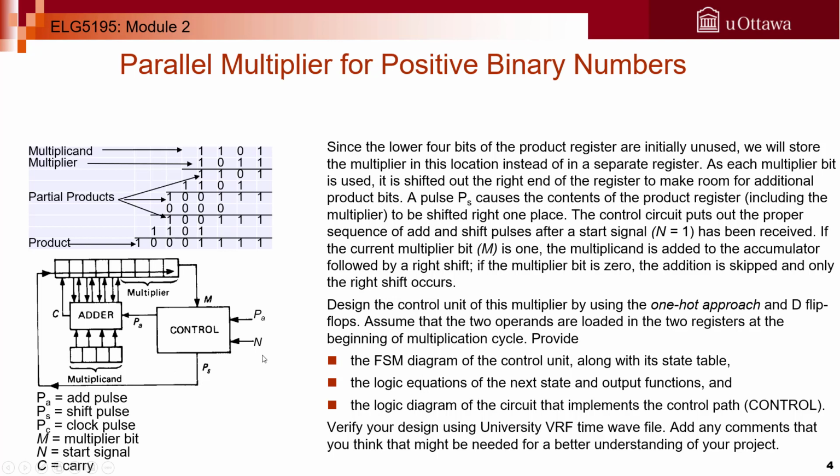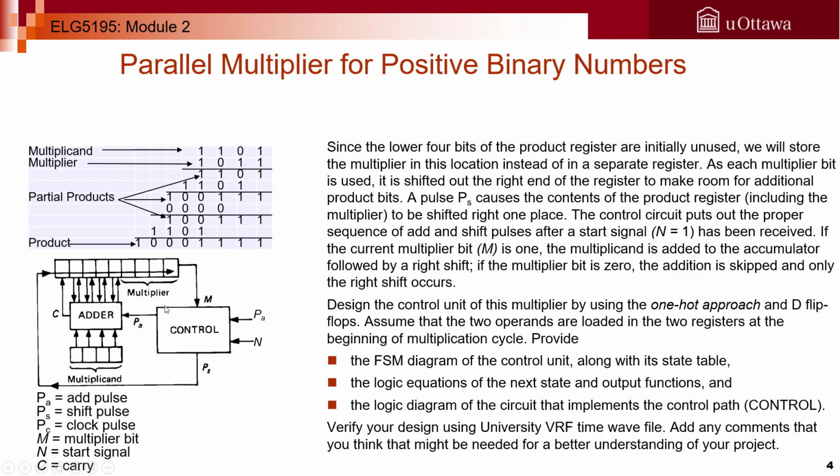Don't worry, I'm going to show you how to do this in the upcoming time. And remember to use 4-bit D flip-flops to create a 4-bit register and 8-bit D flip-flops to create an 8-bit register for the product, to hold the product.